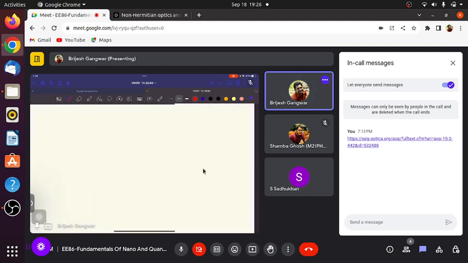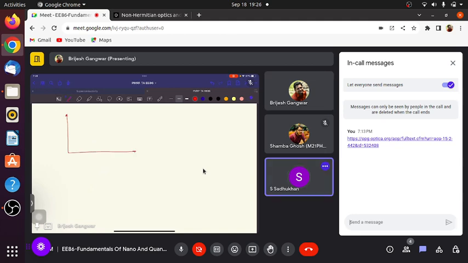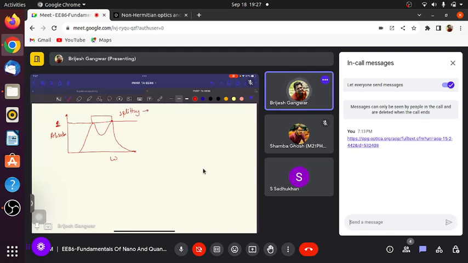I can plot, like, if you have some omega and we plot it against absorbance, the maximum absorbance will be 1, right? So if you have this type of splitting, this is the strong coupling region.